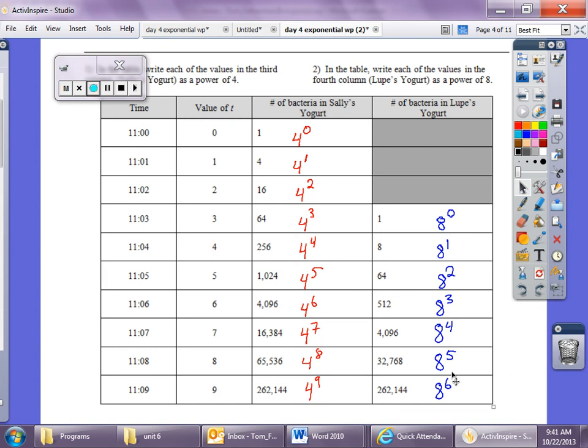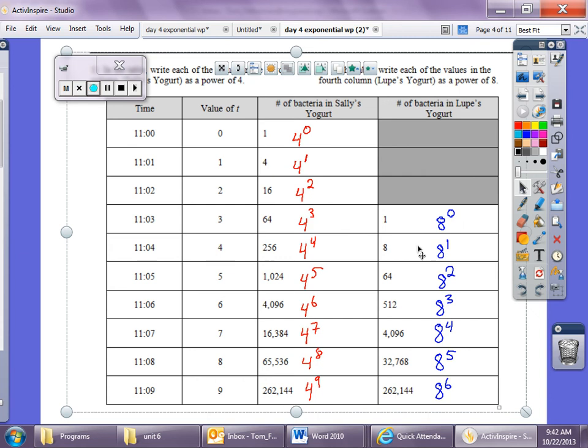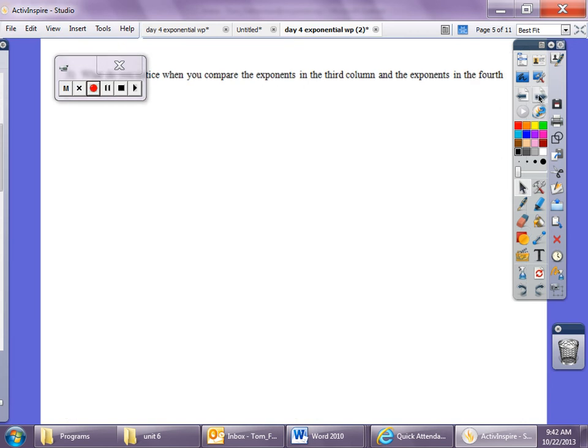They all are going in numerical order, but when we're comparing the different columns, the power of 4 is always 3 more than the power of 8. So 8 to the third plus 3 will give us 6, 8 to the fourth plus 3 will give us 7. So the power of 4 is always 3 more than the power of 8, or the power of 8 is always 3 less than the power of 4.